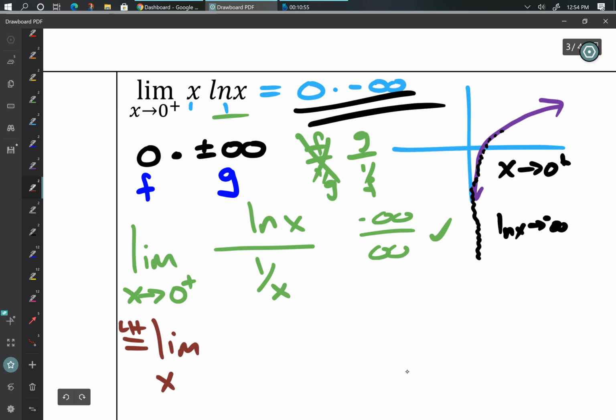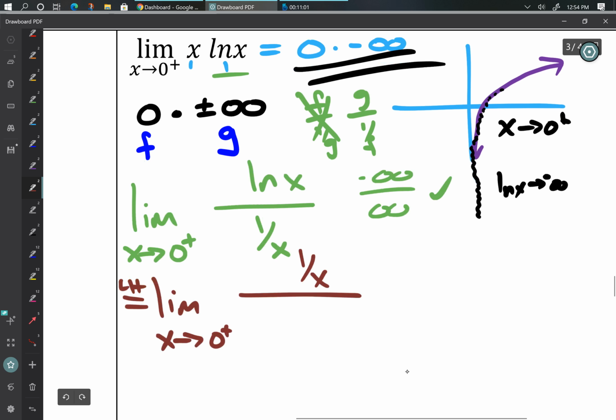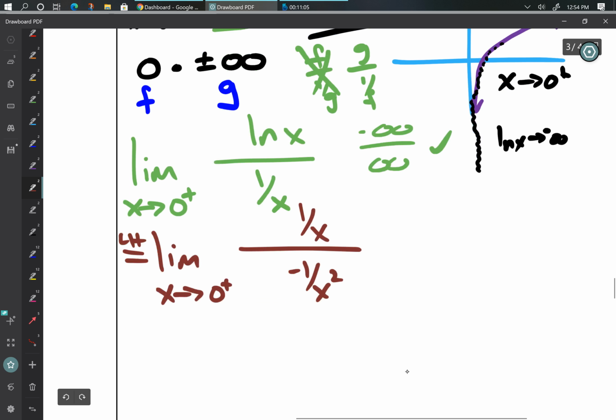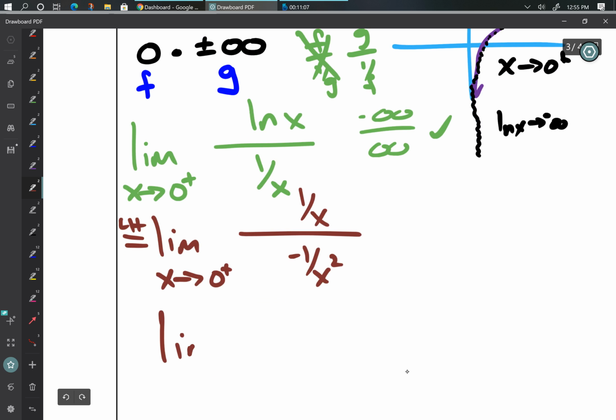I still have the limit as x approaches 0 from the right. Upstairs, the derivative of the natural log of x is 1 over x. Downstairs, the derivative of 1 over x is negative 1 over x squared. With a little bit of algebra, I'm not applying L'Hopital's rule again, so I'm not writing down LH. Dividing by a fraction is flip and multiply, so this turns into 1 over x times x squared over negative 1.